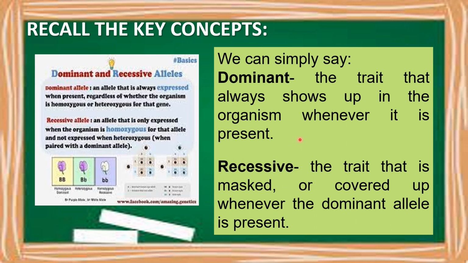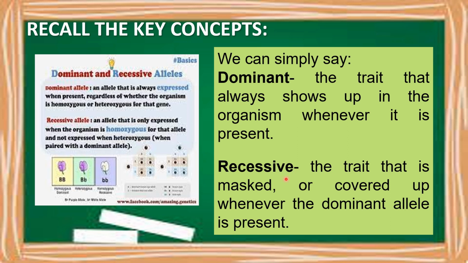So, kasabot si dominant, siya imong makita tanan. So, for example, sa color, siya ang dominant, siya ang mas daghan og color. While ang recessive, it is a trait, characteristic sa isa ka organism wherein murag nakatago lang siya.